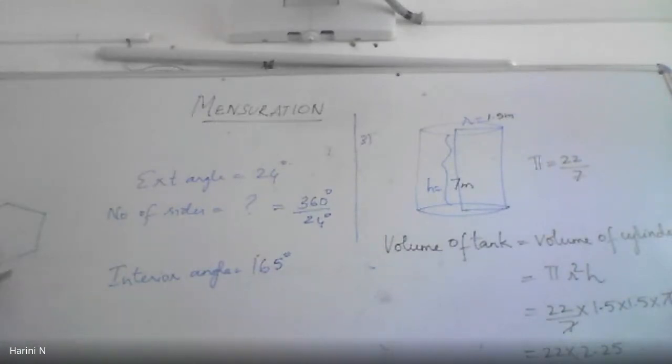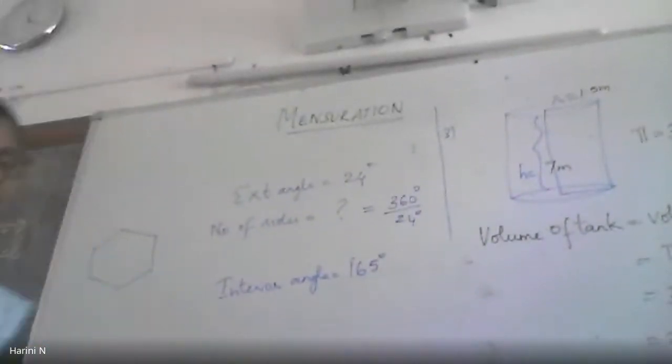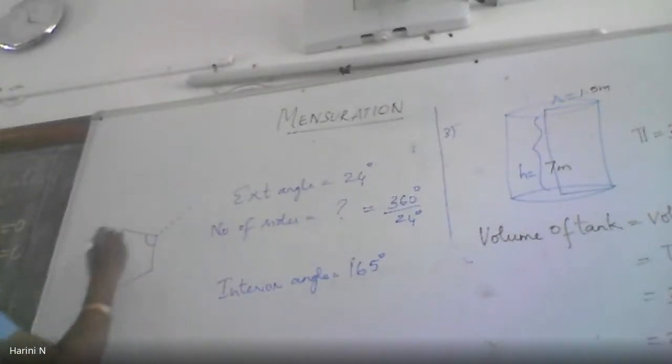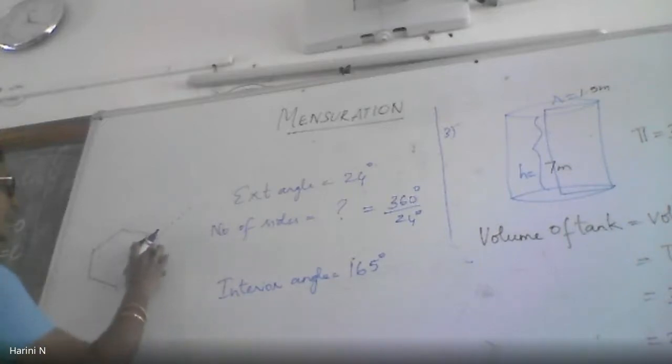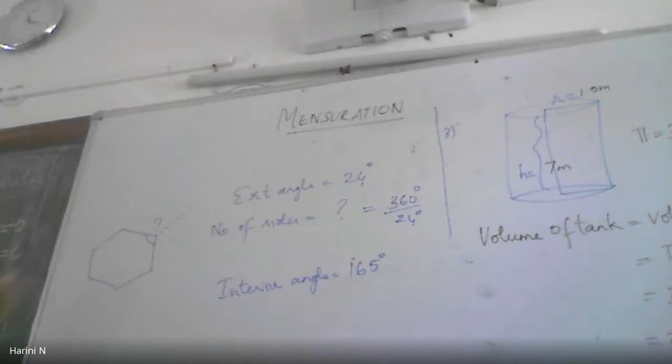Don't know if I've gone out of the page here. Suppose you have a pentagon like this whose exterior angle is not known to me, but the interior angle is given. With respect to this, the interior angle is given somewhere here. So you have to find the exterior angle and then substitute here.